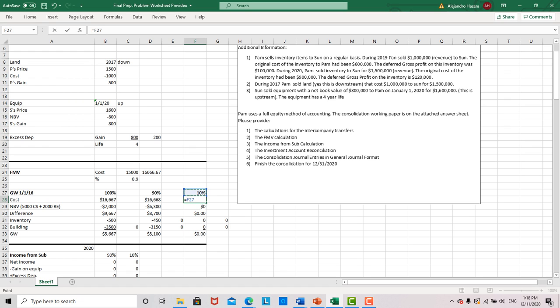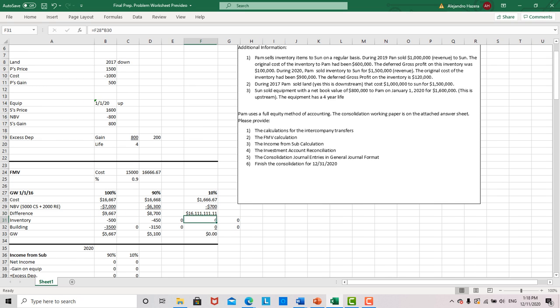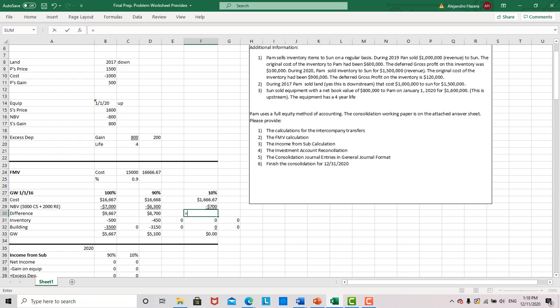Then in the 10% column, we need to see what our goodwill is.